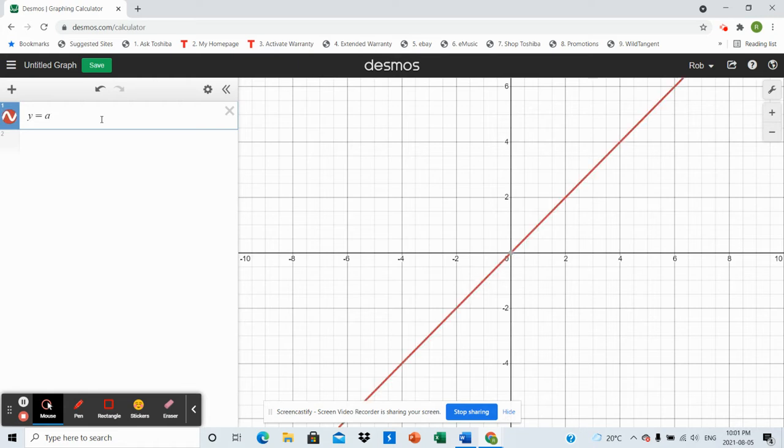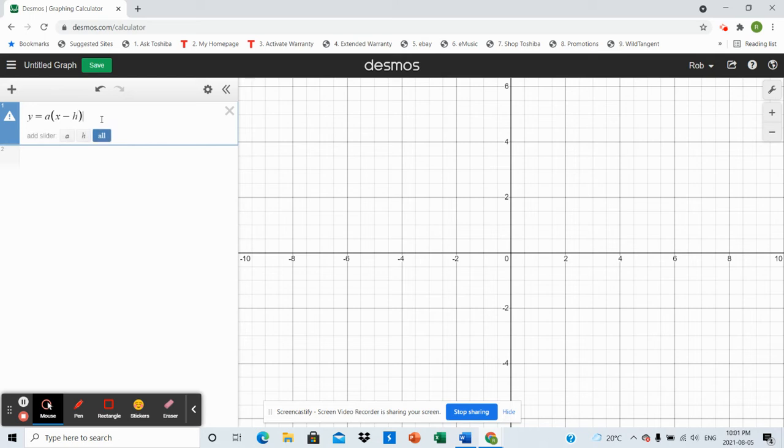Y equals a, and then in brackets, we've got x minus h. Remember the little hat sign over the 6? Just hit shift 6, and that'll give you an exponent squared. Once you want to get out of your exponent, you can either cursor to the right or click just after it. I always cursor.